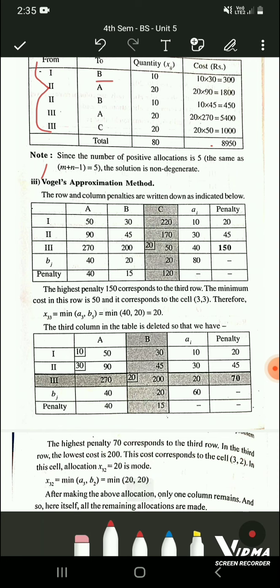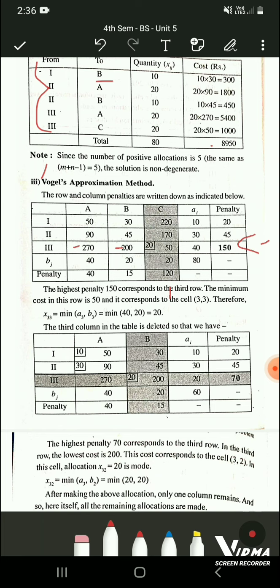So once you get a penalty row and column, the next step is to identify whichever row or column has the highest penalty. Here third row has the highest penalty among all, which is 150. Therefore you have to make allocation in that row wherever the cost is minimum. So among 270, 250, you can see 50 is the lowest cost value, hence you have to make allocation in that cell.